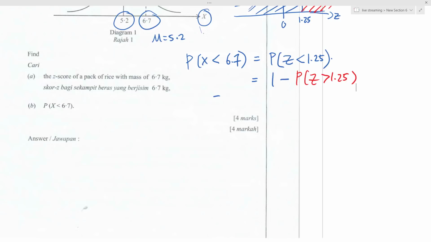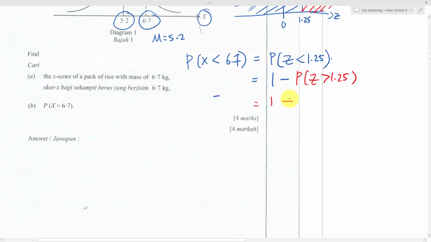Or some of you can help me type what is 1.25 here. I do hope I have the z value table here. Do I have? Yeah, you should have. Yep, I have the z value table here.